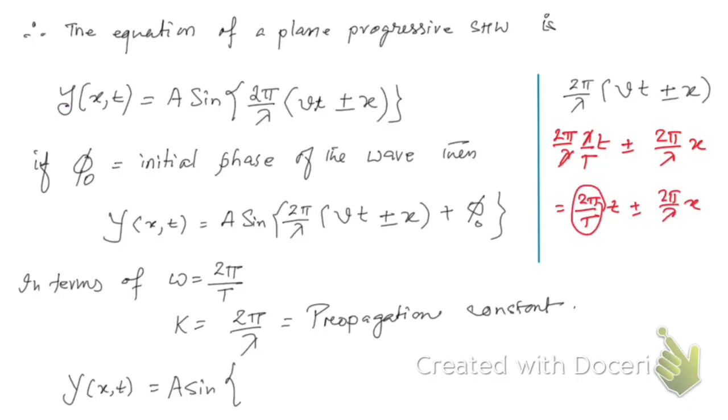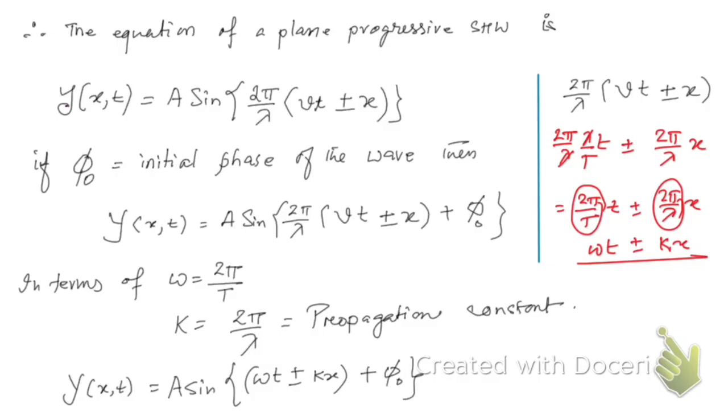This part is nothing but omega, and this part is nothing but the propagation constant, kx. So we can write this equation in terms of angular frequency omega and propagation constant k. Then the equation of a plane progressive simple harmonic wave will be given by this, plus phi naught. This will be the final equation in terms of angular frequency and propagation constant.